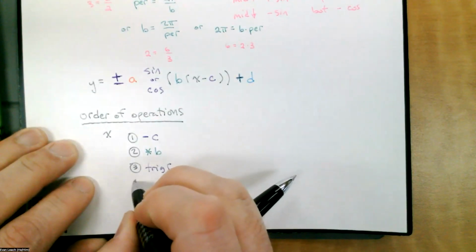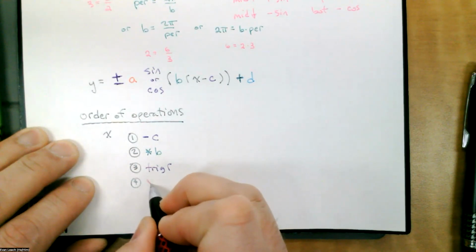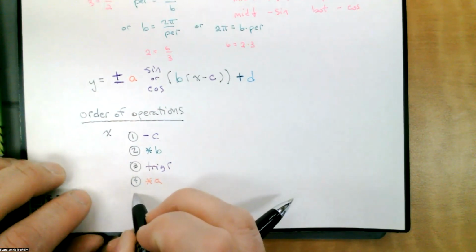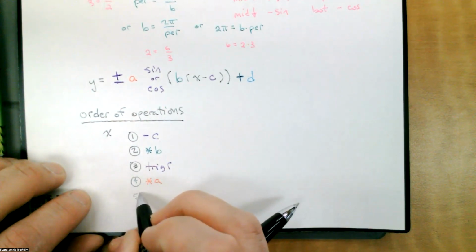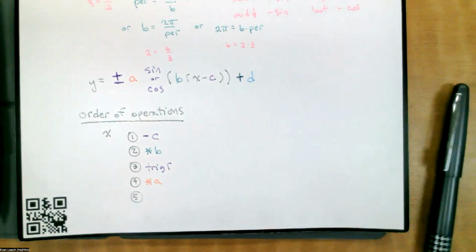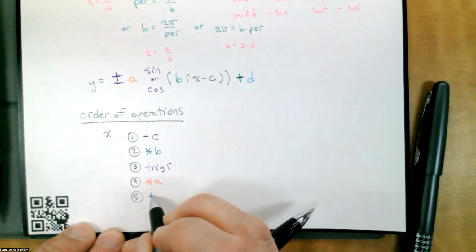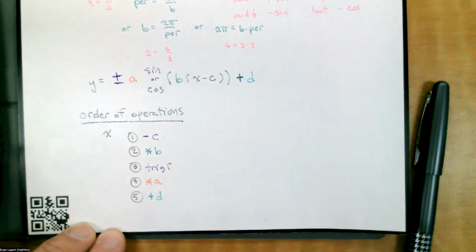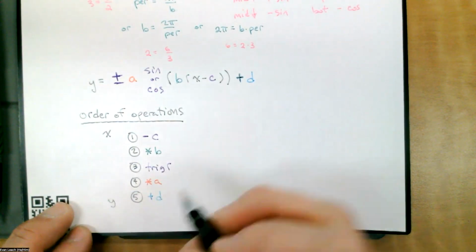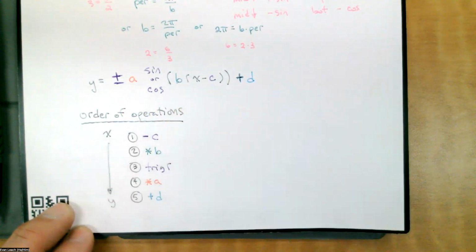And the last operation? We add d. Once we've done all these things, the input x has become the output y.